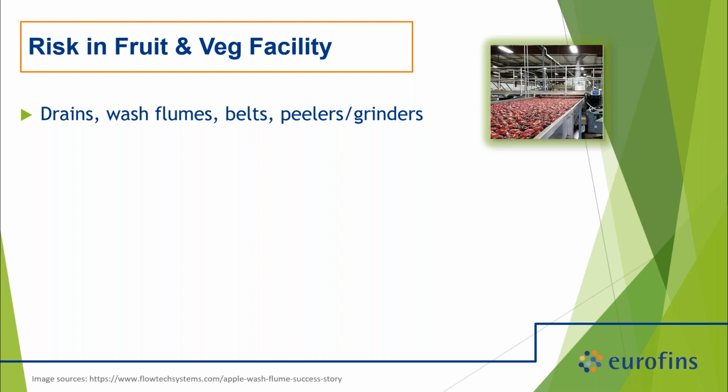Places we really need to look at in fruit and veg plants are our drains, which is true of any food production plant. But again, because of the material we're bringing in, with Listeria especially, it's a common soil-borne organism. We need to think about introducing it and then creating harborage points in our drains, on our belts and peelers and grinders. We have sticky material from the plant or the process that we're doing. All things we need to think about and incorporate into our environmental monitoring programs.